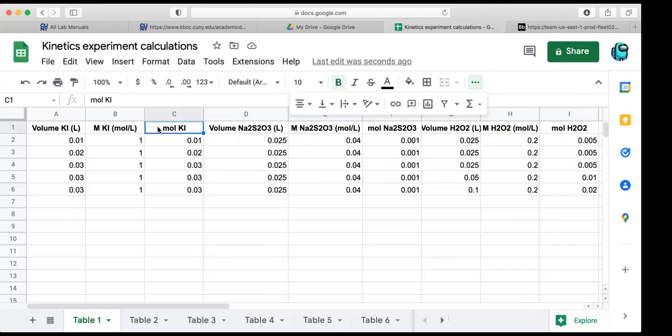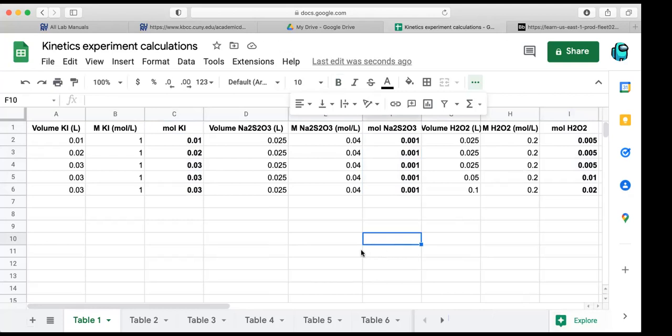So really it should say initial moles, but that's okay. So what I'm going to do is I'm going to bold these just so that we recognize these are the numbers we're going to use for the next table.